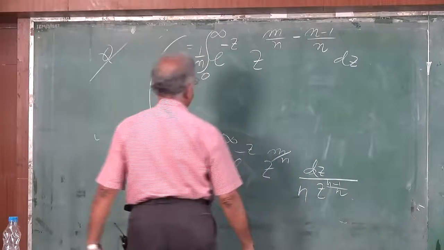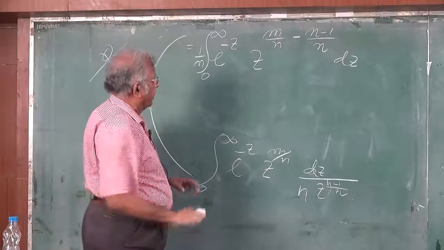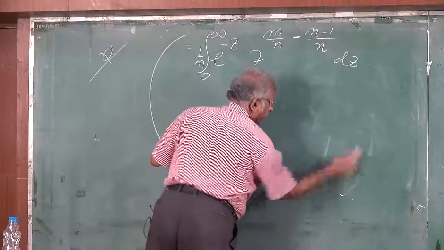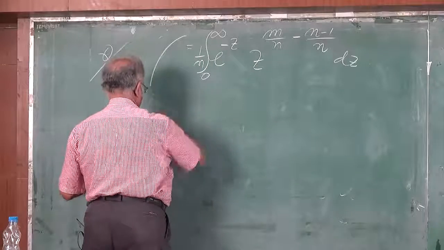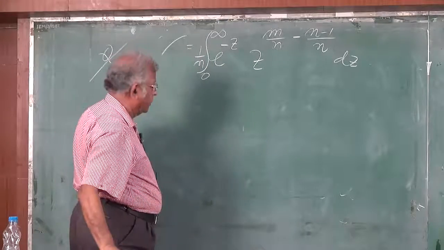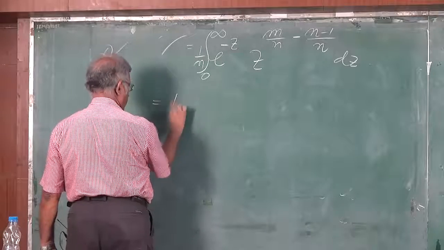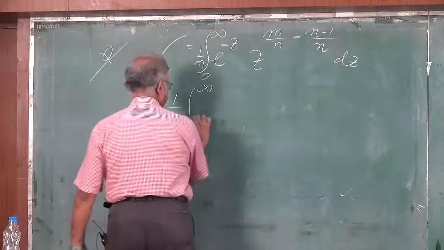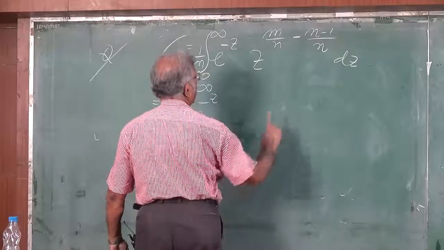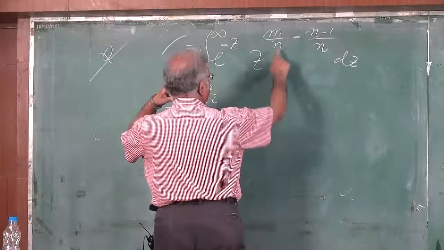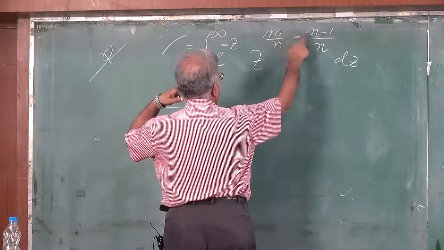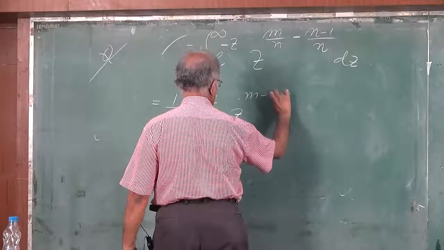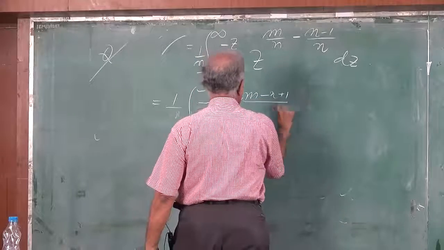So everything has been captured in terms of z. We will simplify one more step and write this as 1 over n, 0 to infinity e to the power of minus z. Now this is z to the power of, the denominator is the same, so m minus n plus 1 over n.